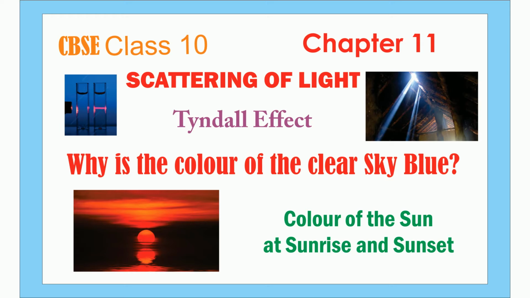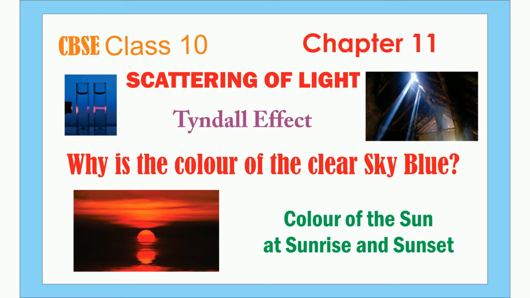Now also we are going to see why the color of the clear sky is blue. You may not have thought about why this color is blue, whether there is such a blue envelope, what may be the reason for that.